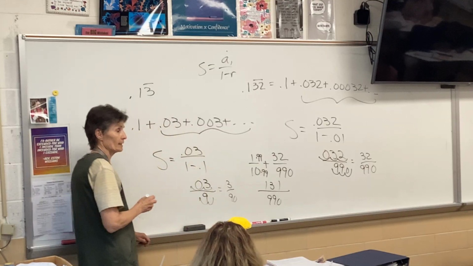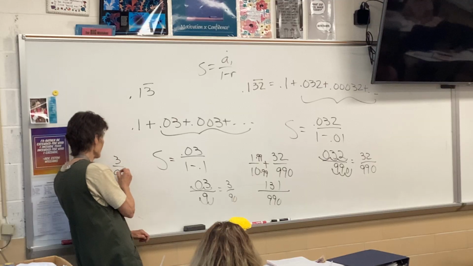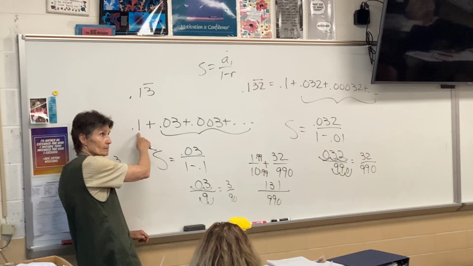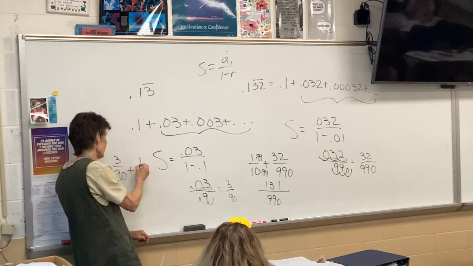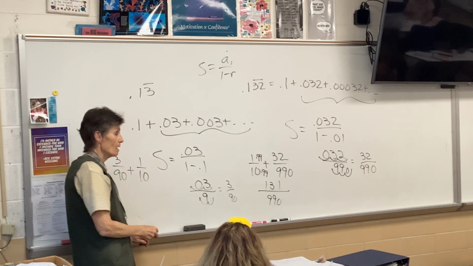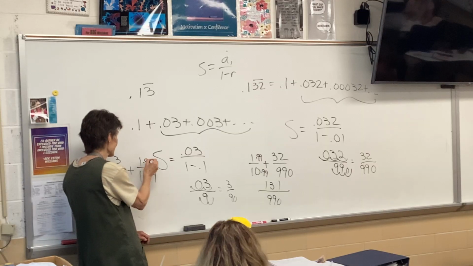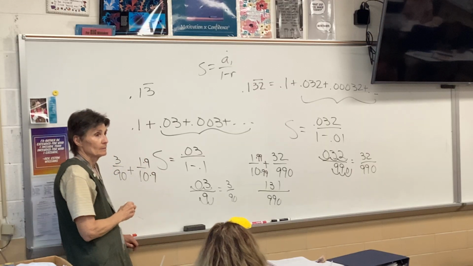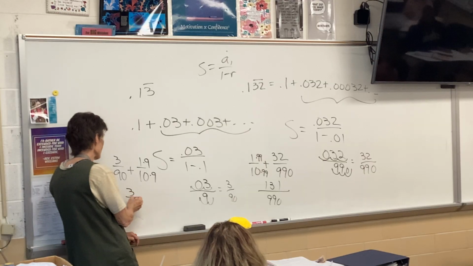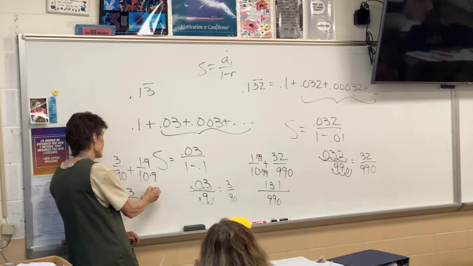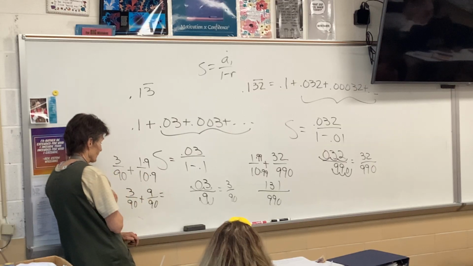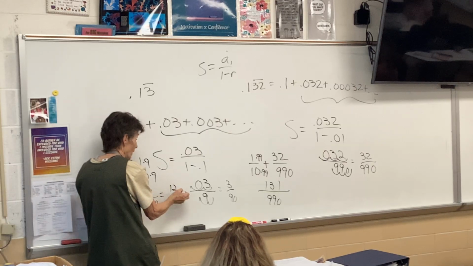I don't usually. I'm going to take my 3 over 90 and add my 110. My common denominator is 90. So I have 3 over 90 plus 9 over 90, which is 12 over 90.